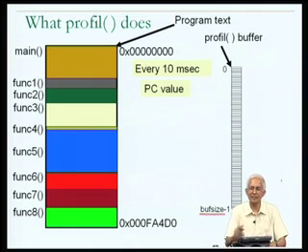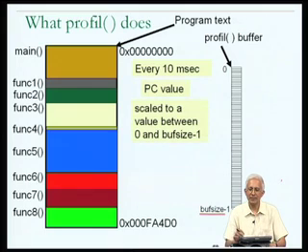Now, whenever a PC value is sampled, that PC value can be scaled to a value between 0 and buff size -1, depending on what the value is. For example, if the value is 0, we might scale it to 0. If the value is the largest possible value, we might scale it to the largest possible buffer size value. If it's halfway in between, we might scale it to the halfway in between counter value.